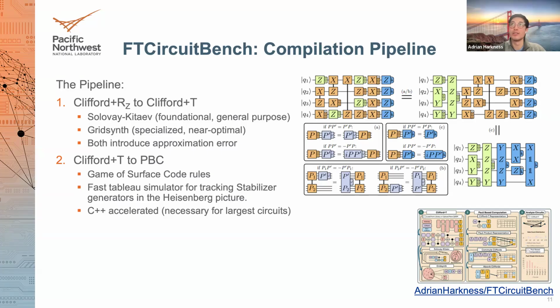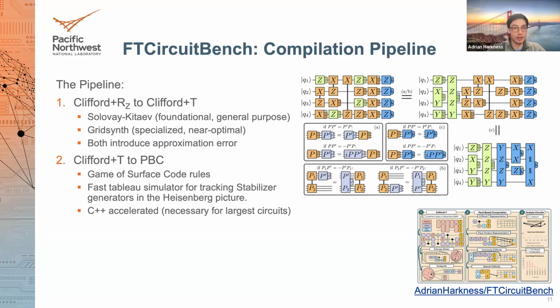Now, once you have your circuit in this form, you can absorb your Clifford gates. Basically, you don't need to actually do any of your Clifford gates physically. You can classically compute the action of those Clifford gates on your measurement basis and simulate that all classically. And this basically comes from the stabilizer formalism.